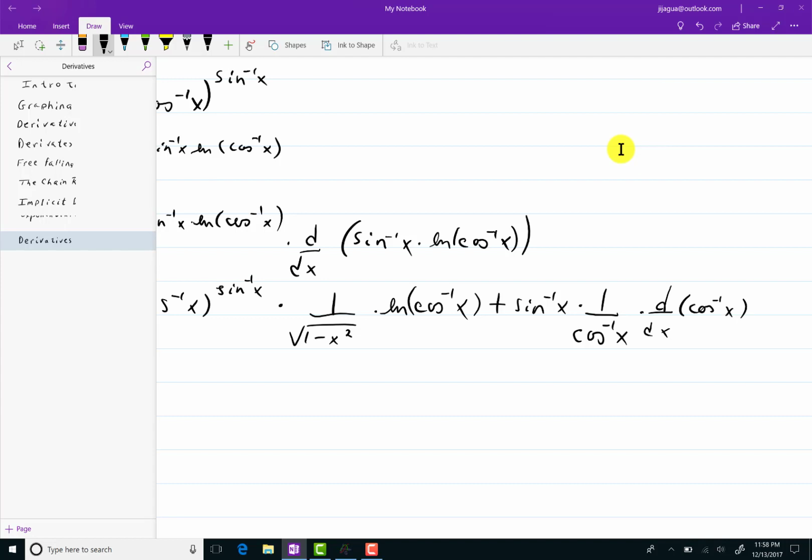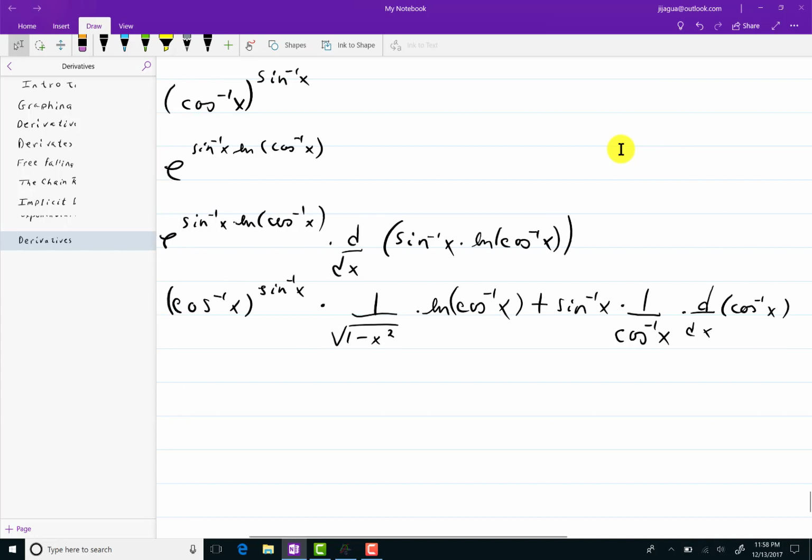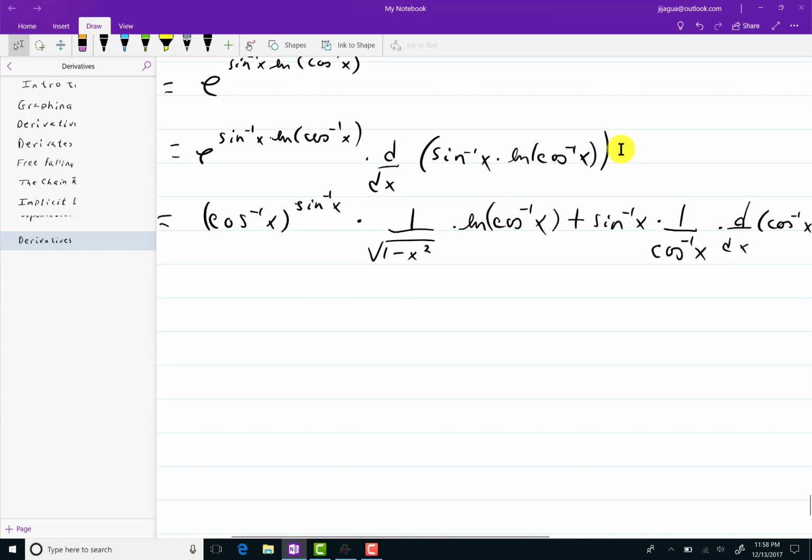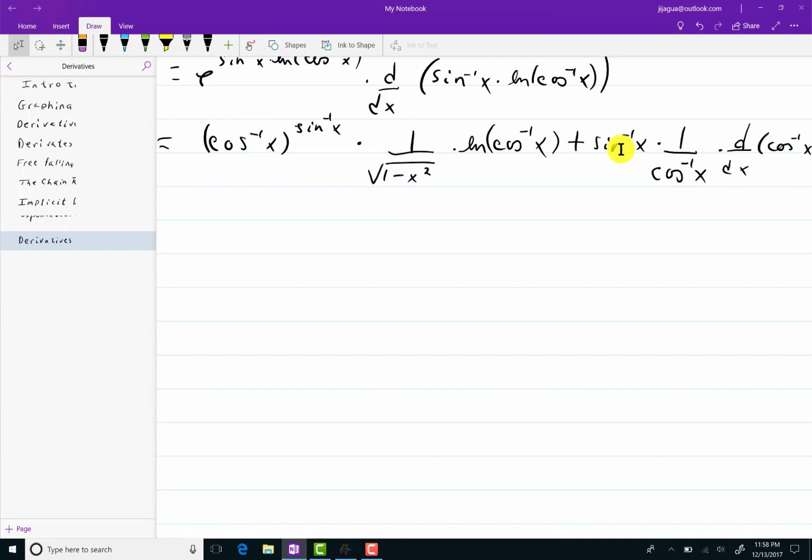I don't think it's such a good idea to try to do too much at once. Take your time on these things. And so this equals cosine inverse of x to the sine inverse of x times 1 over the square root of 1 minus x squared times ln cos inverse of x.